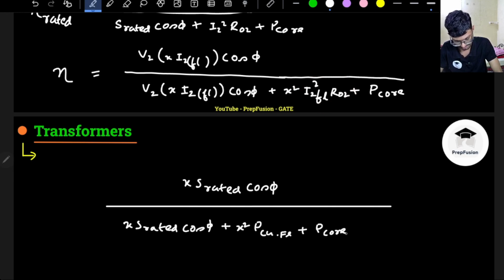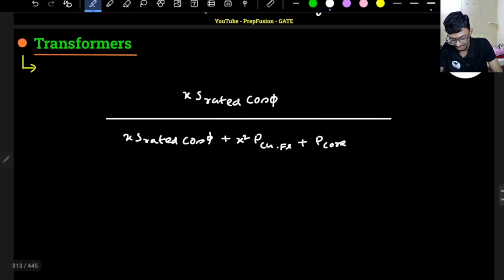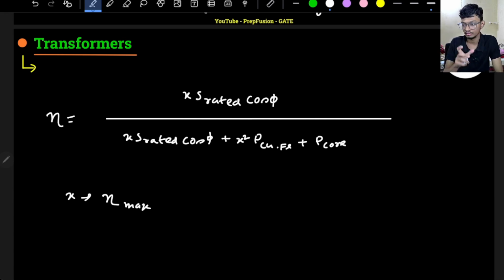Of course P core is independent, right? So this is the expression basically. Now we want to find the condition for X at which my efficiency will be maximum. X means what amount of loading will give me maximum efficiency. That is what I have to find out.